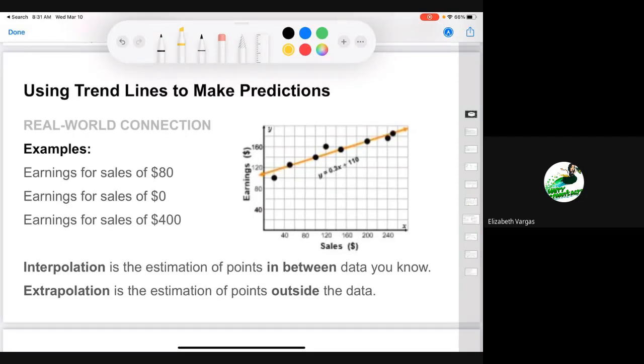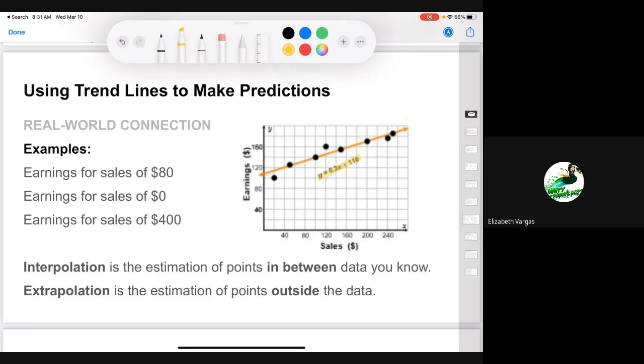Okay. What we can also do is use trend lines to make predictions. So what we're going to see here is that we can use our trend line, and here we're given an exact equation for a trend line right here. Y equals 0.3x plus 110.